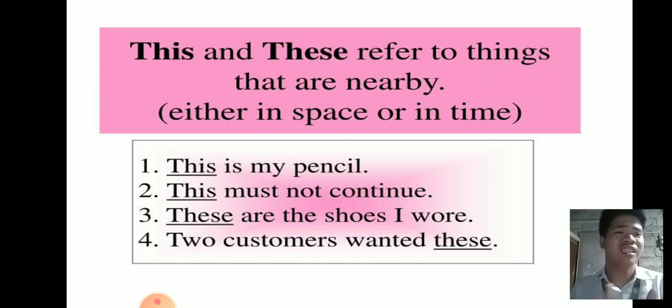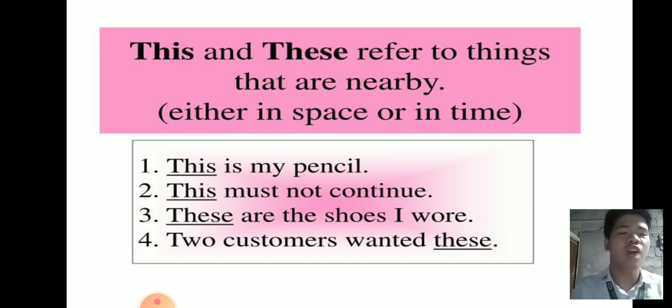Have you noticed the difference between this and these? If you are referring to a singular subject, you will use this. And if you are referring to an object which is plural, you will use these. I hope it's clear.